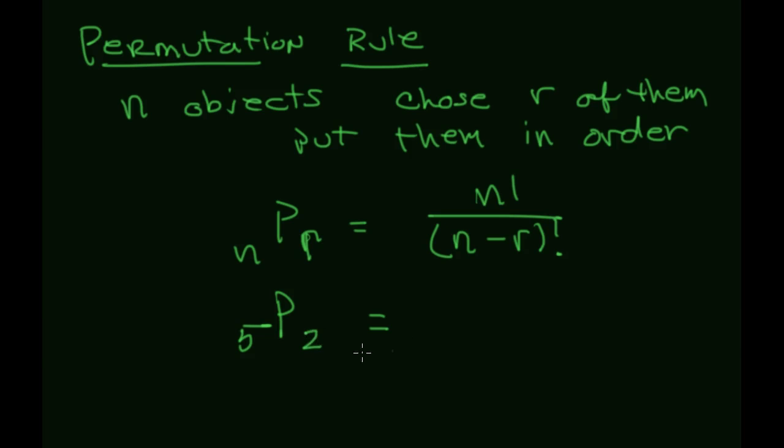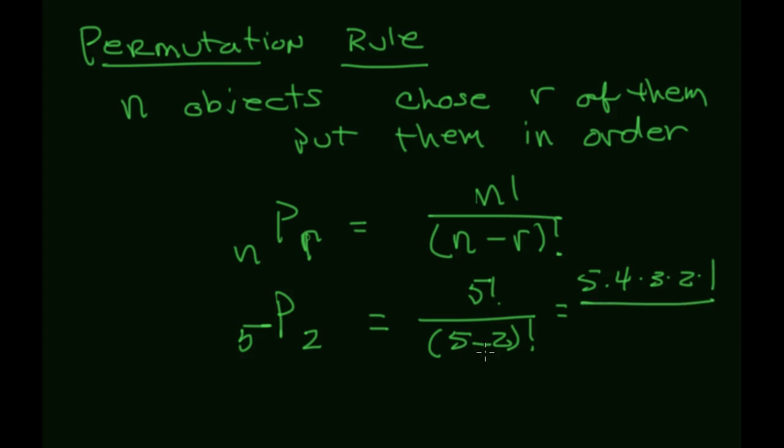How many different orderings of 2 objects can I get out of 5? So that's 5 factorial over 5 minus 2 factorial, right? So this is 5 times 4 times 3 times 2 times 1 over 5 minus 2, so that's 3 factorial, right? So that's 3 times 2 times 1. That cancels with that. Leaves me with 20 different ways of doing this.